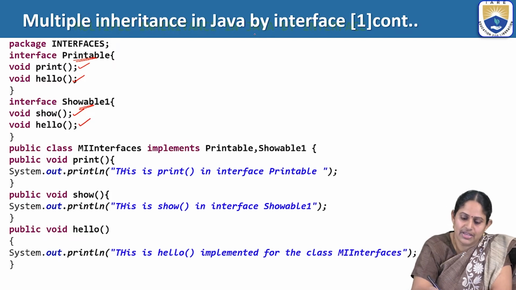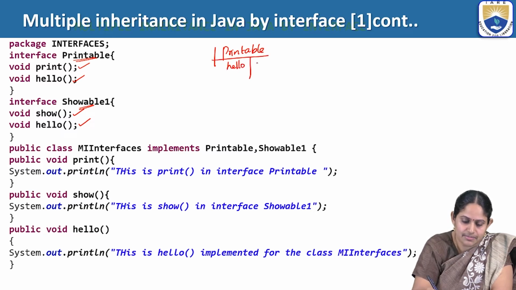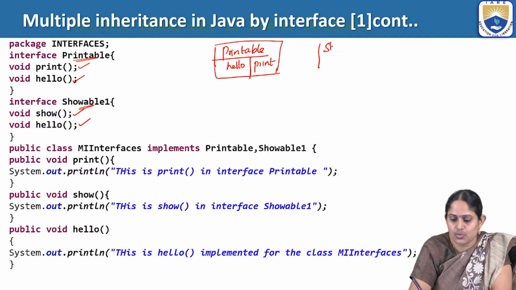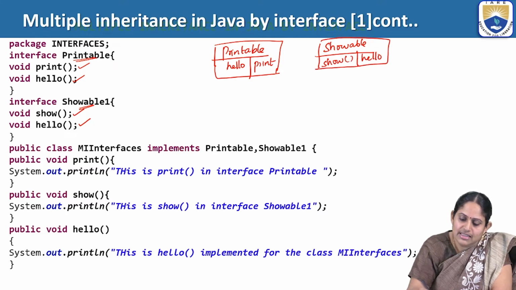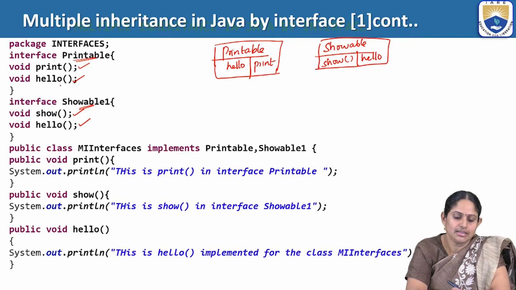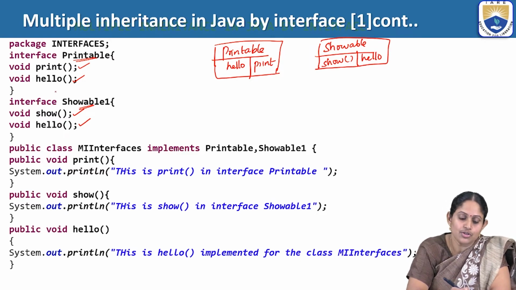So in our case, we have printable with hello and print, and another interface showable which has show as well as hello. So what we note here is that there are two methods with the same name hello in both the printable as well as the showable interface.